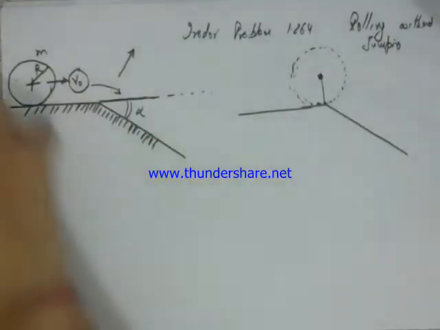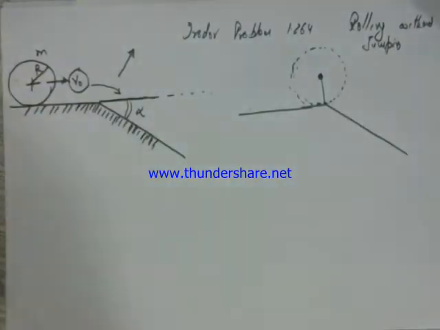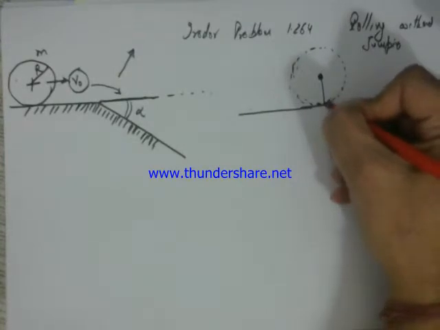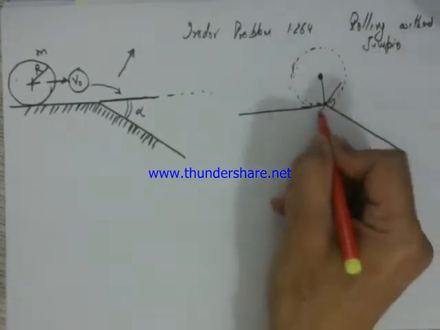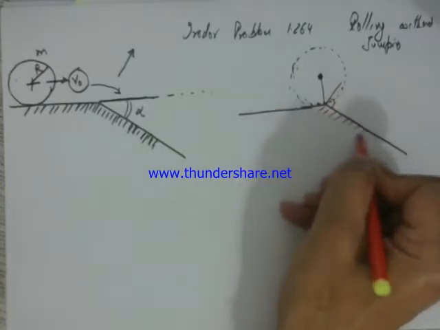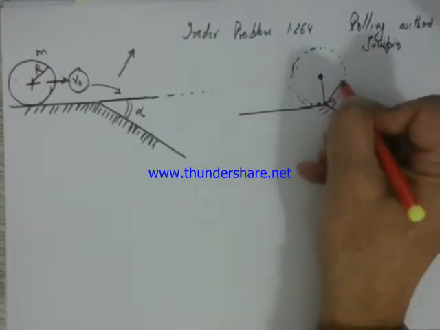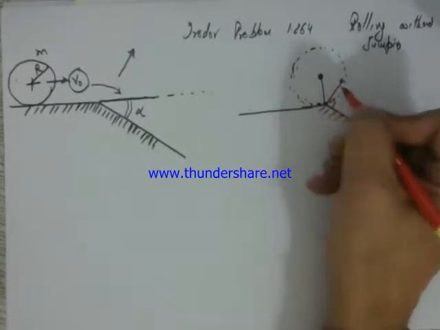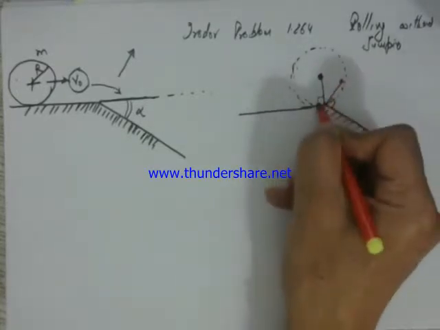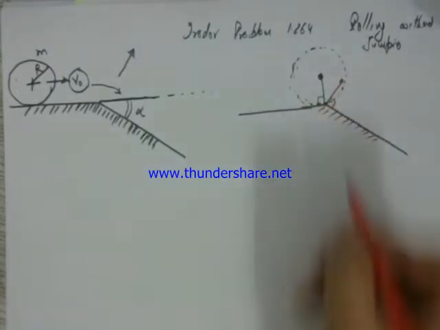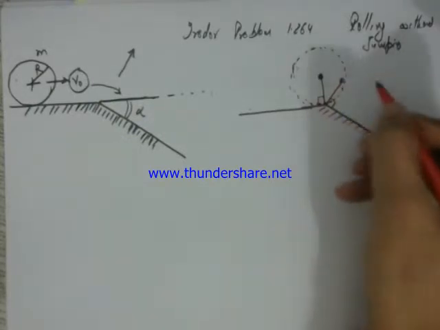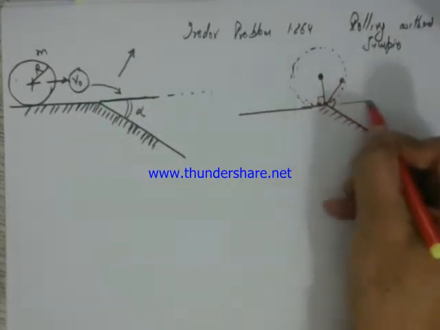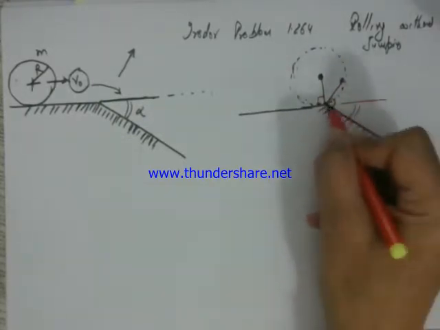Now when it has rolled over completely, it makes 90 degrees with the inclined plane. This is the center of mass; initially it was with the flat part. Now this is the new position of the center of mass. This angle is alpha.